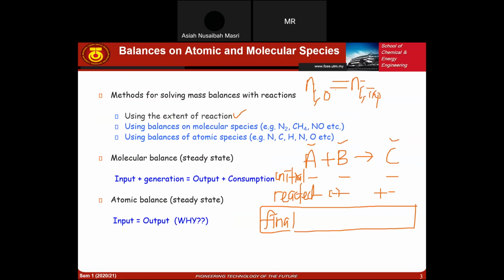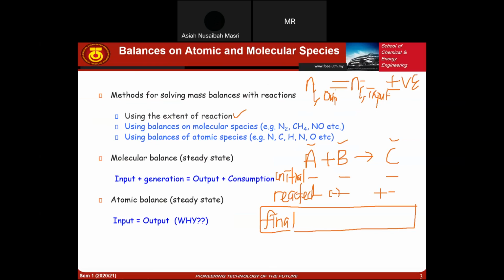So here is input, here is output. And then we have either plus or minus. It will be plus if it is a product generated. It will be minus if it is consumed or reacted. Then we have to add the stoichiometric coefficient, and we have to include the extent of reaction. By writing down the equation of extent of reaction for each species, we can solve the mass balance. So that's what we have learned so far.